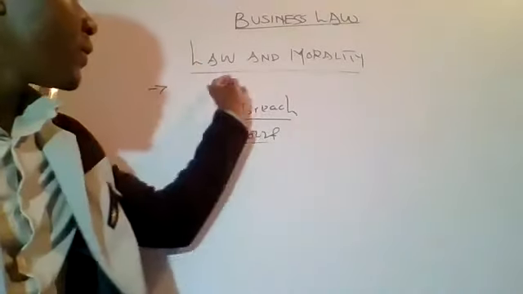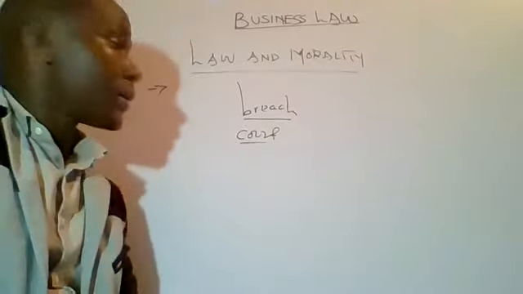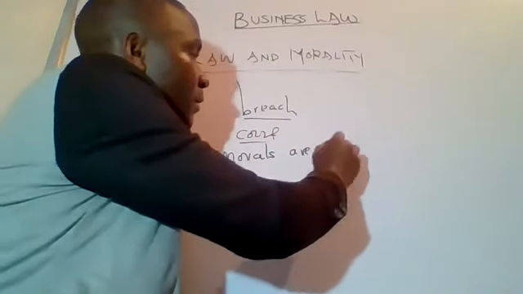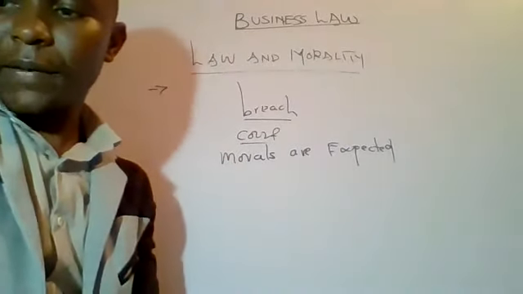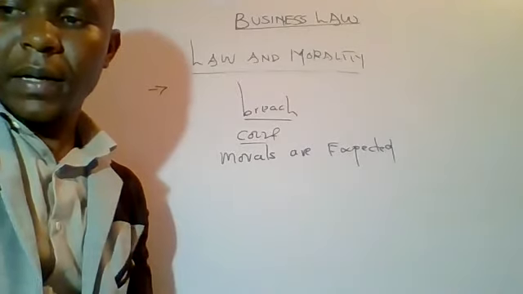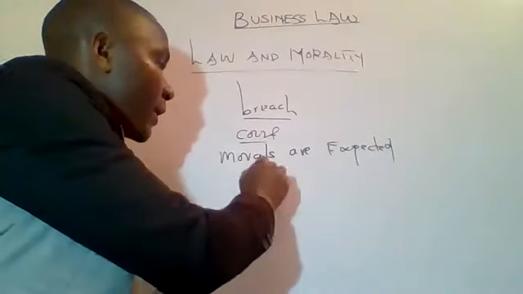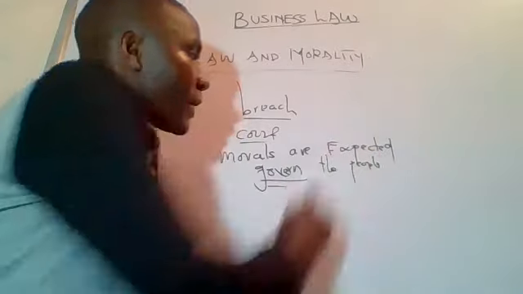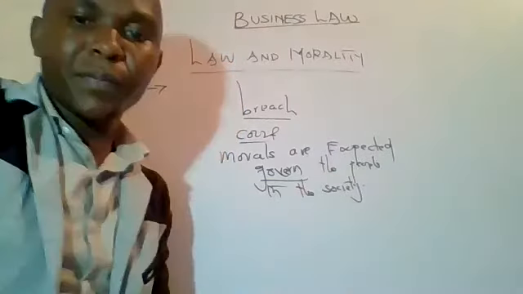Then you write another point. So here ilikuwa law. So you write for me now, morality. You say morals are expected conduct and behavior to govern the people in the society.